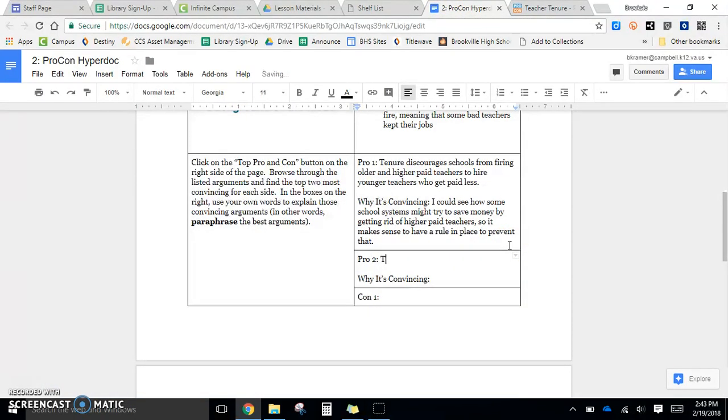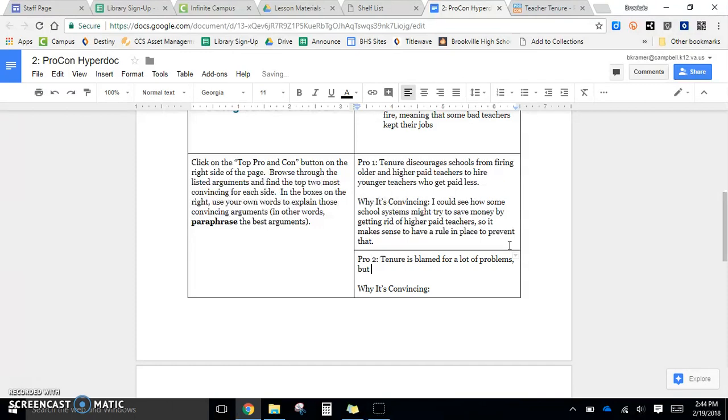So I'm going to say tenure is blamed for a lot of problems, but it's actually a good system. I didn't use the word scapegoat because that's not a word I use a whole lot, even though scapegoat just means to put blame on something else. I put that into my own words here, and now I need to explain why it's convincing.